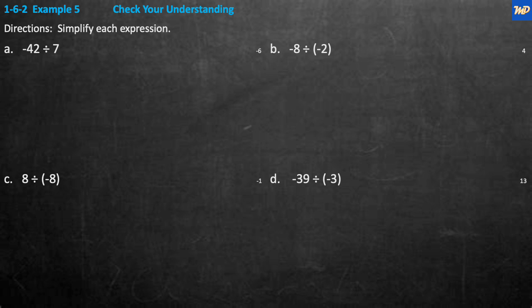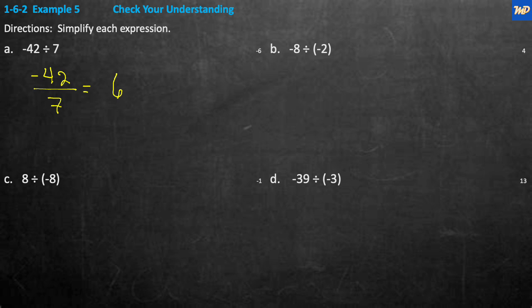Okay, I'm assuming you've stopped the video and you've now returned with your answers. So let's try it. Problem A, negative 42 divided by 7. That equals 42 divided by 7 is what? 6. 6 times 7 is 42. And we have one negative sign, right?